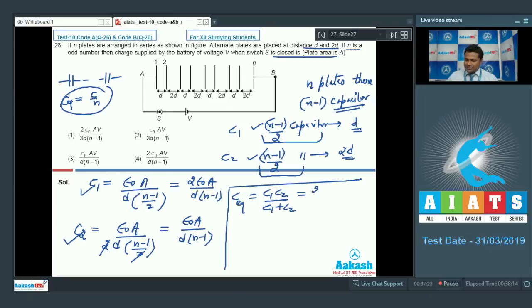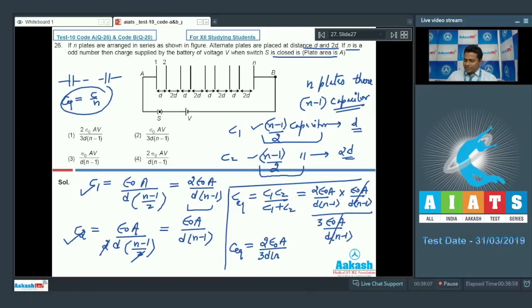Solving, C1 is 2 epsilon naught A upon d(n-1) into C2 which is epsilon naught A upon d(n-1), whole divided by C1 plus C2, which gives 3 times epsilon naught A upon d(n-1). Epsilon naught A upon d(n-1) cancels out. Ultimately, we have the equivalent capacitance, that is 2 epsilon naught A upon 3d(n-1).